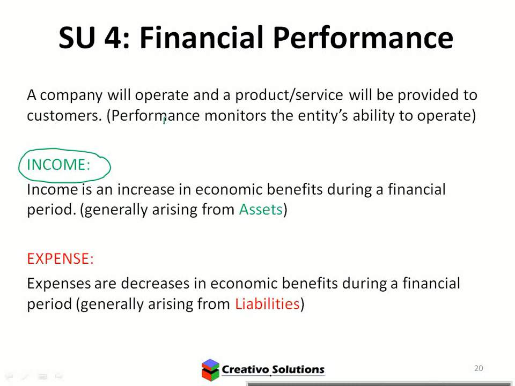What is income? An increase in benefits. You're getting something more than what you had previously. And income is now. You either get something more today or you don't. There's no future benefit here. Do I get something more or don't I? If I get something more, it's income. If you don't, it's not.